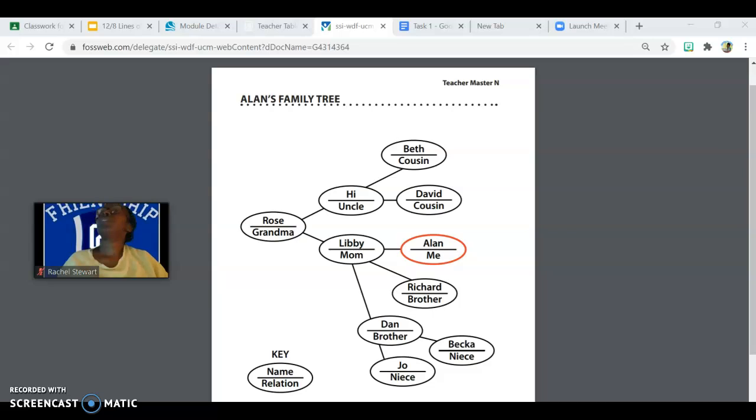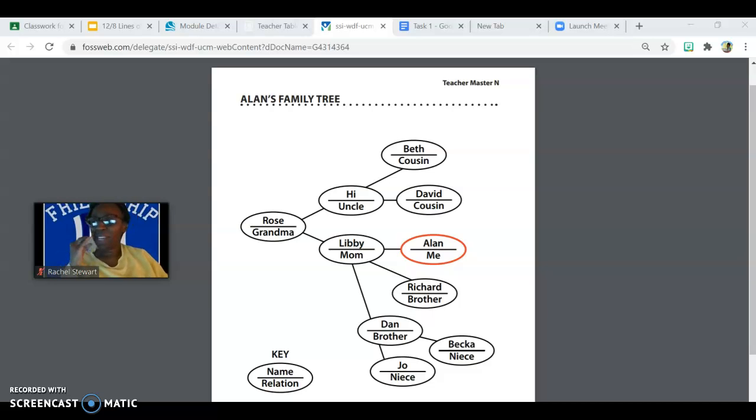And everyone stemmed down from there. But the most recent common ancestor would be, for you and your cousin, a grandparent, okay? And for you and your brother or sister, that would be your parent, all right?